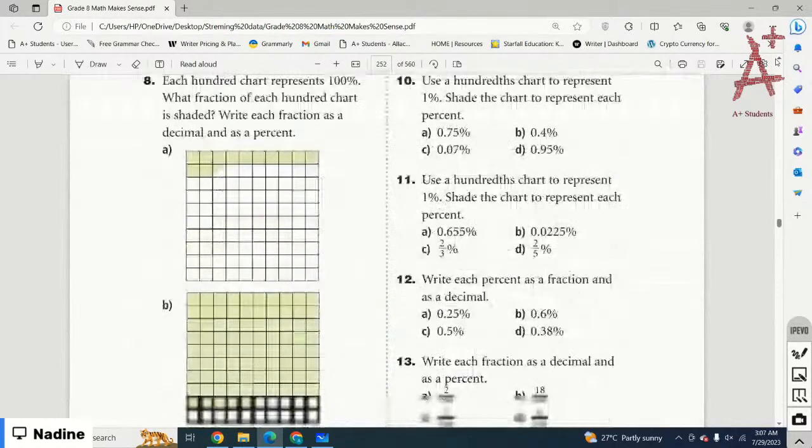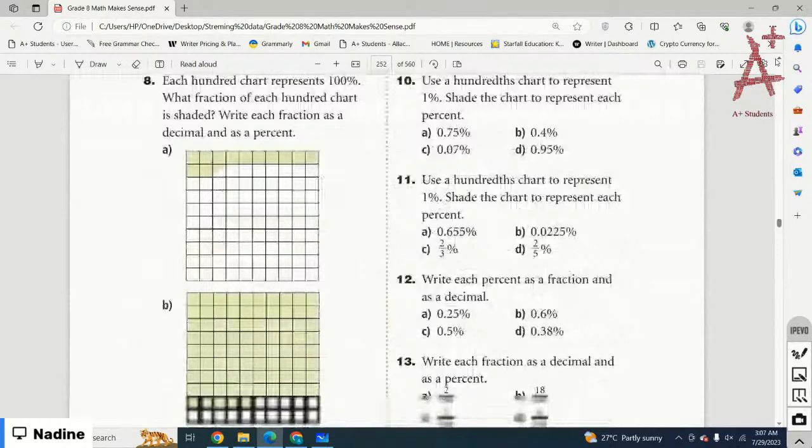Okay, use a hundreds chart to represent 1%. Shade the chart to represent each percent. 0.75 means 75% of the portion is colored. Got it?